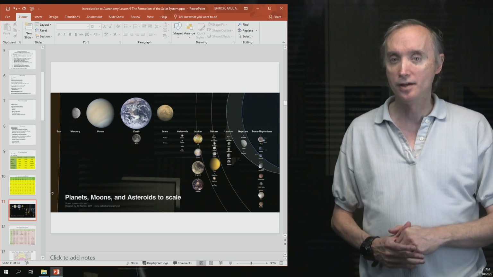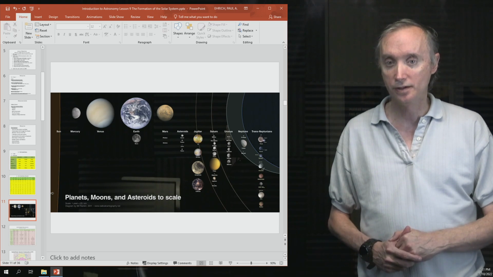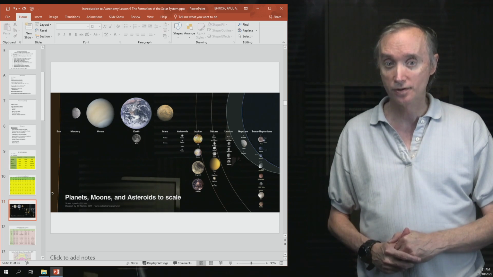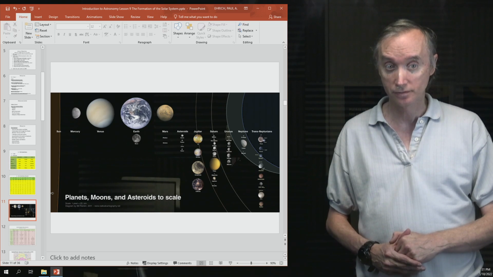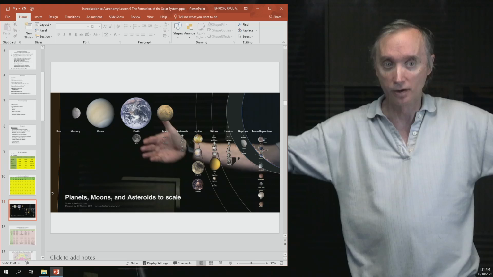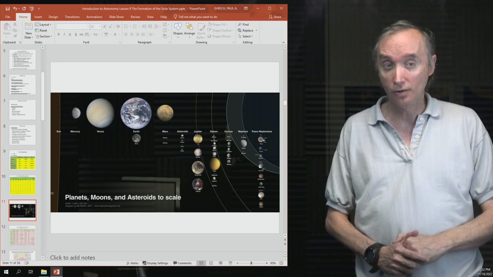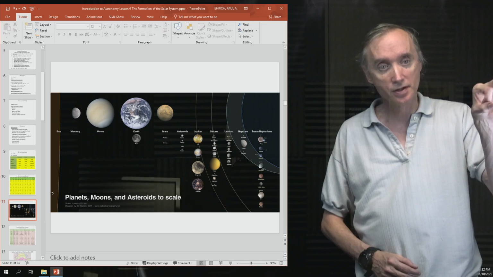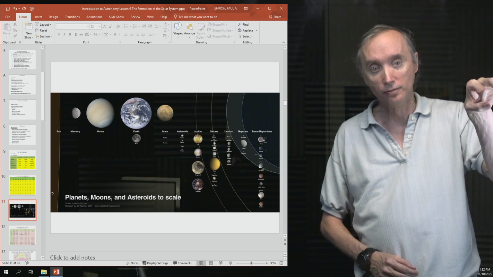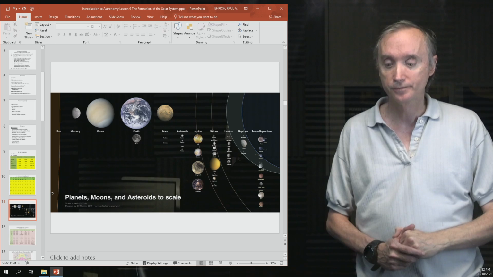So if the sun is 1.5 meters in diameter, that's about 4.5 feet. Imagine that's about the width of your arms. Then the Earth, in comparison, is going to be about the size of a marble. So that gives you an idea how big the sun is.